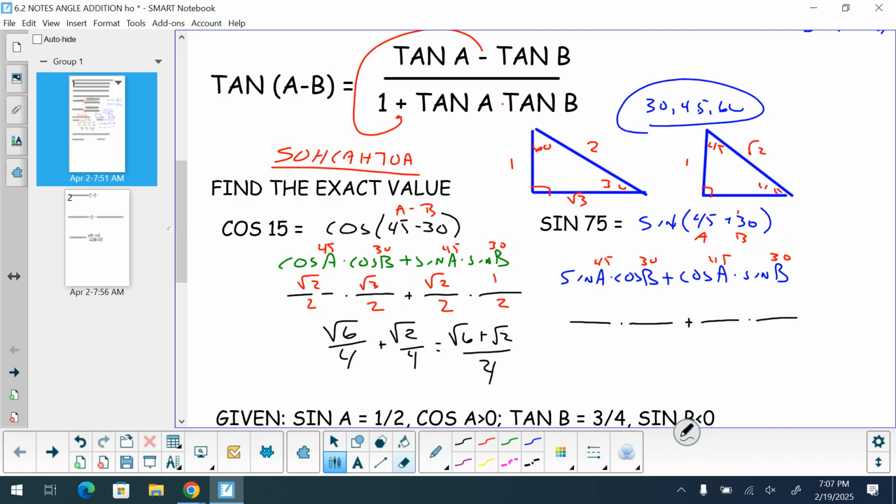Combine them together. Multiply first and then add. Square root of 2 over 2, square root of 3 over 2, square root of 2 over 2, and 1 over 2.